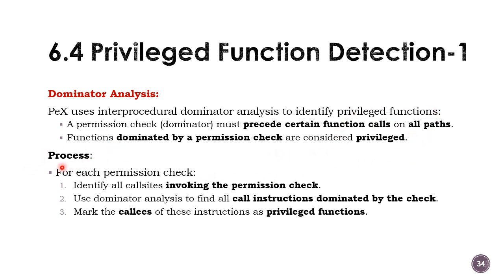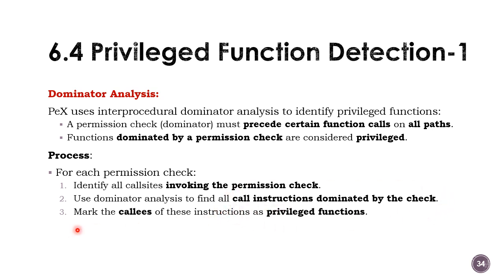So the process of the permission check will be three steps. The first step is to identify all the call sites of invoking the permission check, which are those privileged function places. Then dominator analysis will be used to find all the call instructions dominated by the check, which means using the dominator permission check to find all the privileged functions.